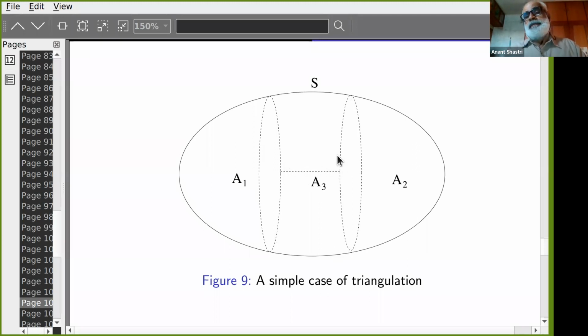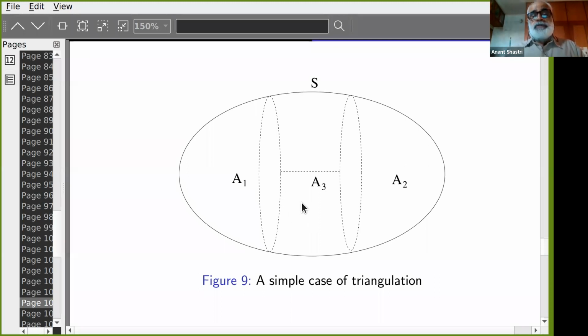So these dotted figures, this portion, this portion, this portion, is my curly G. Take a point here, take at least 3 points on this one, and 3 points here. And then you can take 1 point here, 1 point here, and so on. Cut the whole thing. It will become a cellular graph, and a cellular triangulation also.